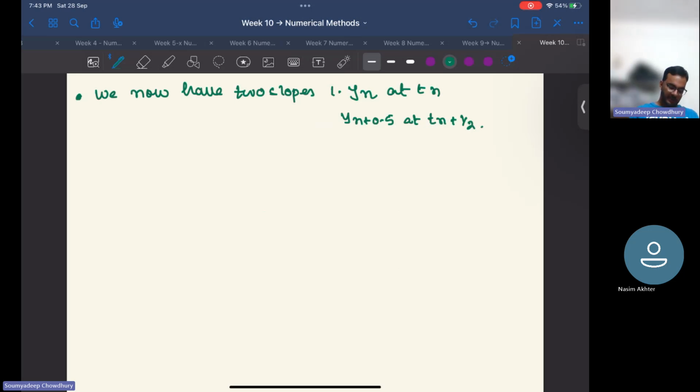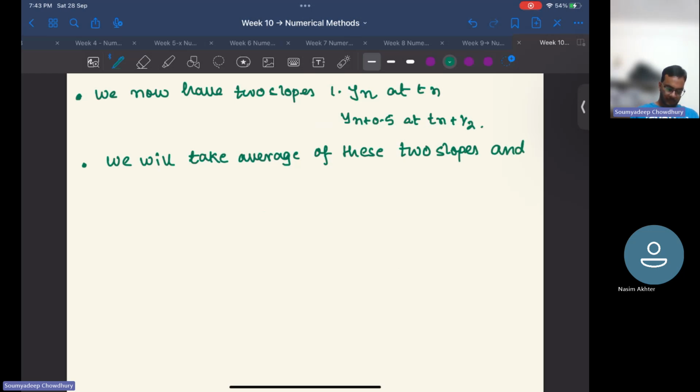So what we will do now is take the average of these two slopes and substitute it in the Euler's equation.